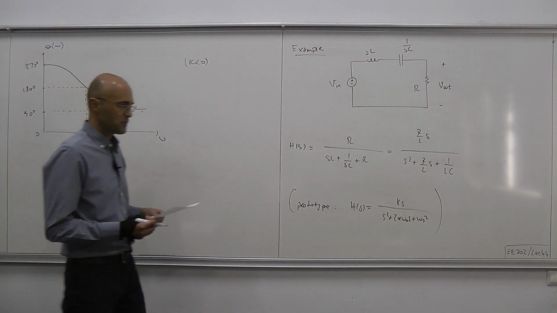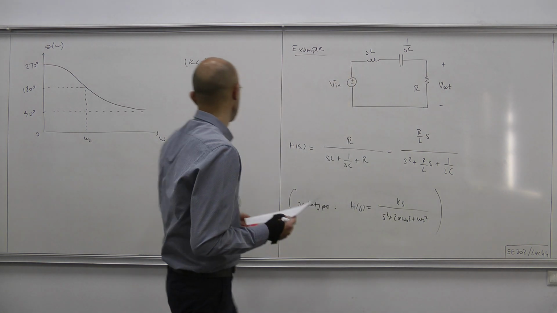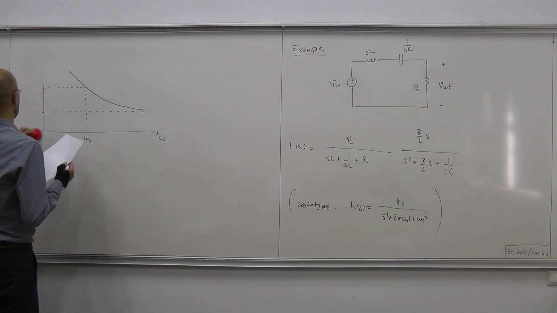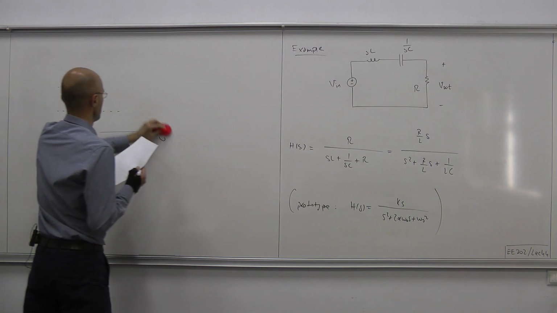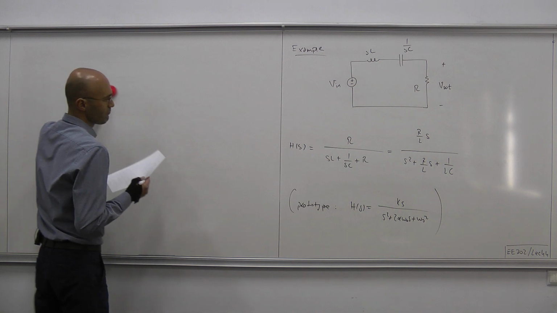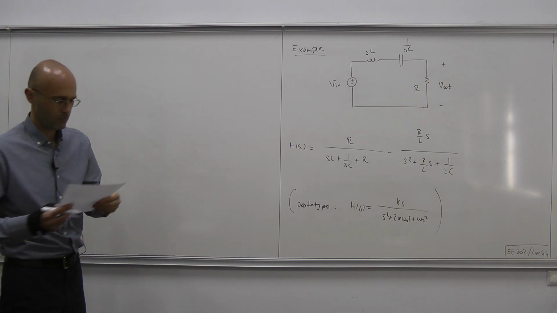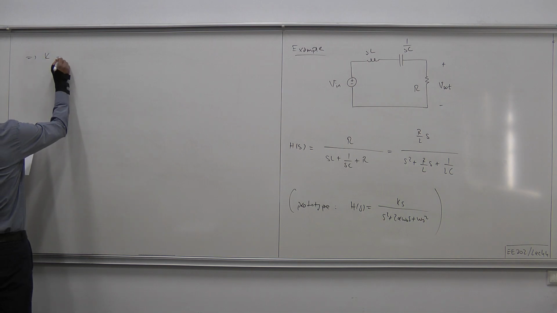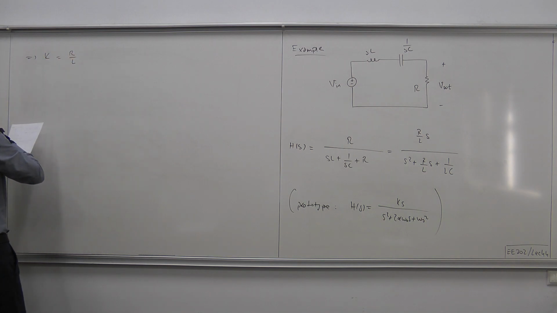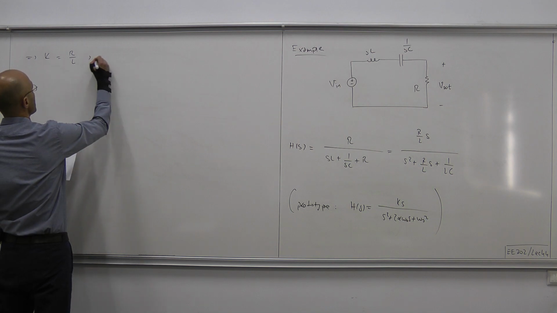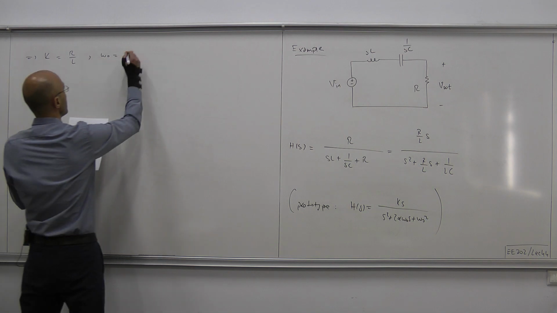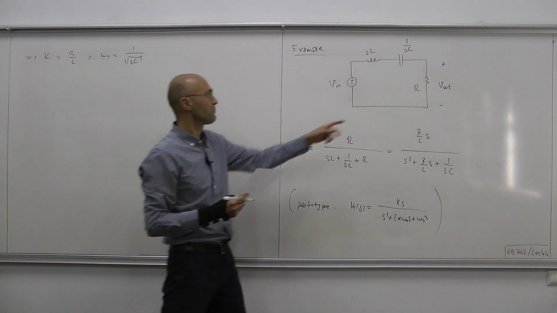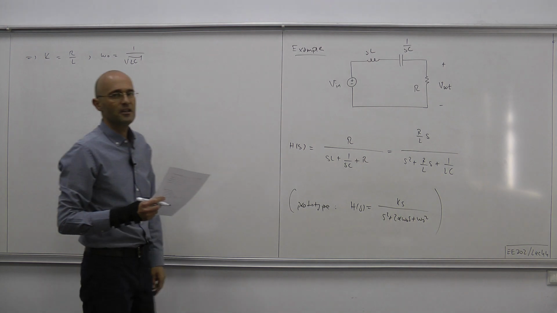So let's express those parameters in terms of our circuit parameters. Our circuit produces the following coefficients. K is R over L, and the center frequency equals 1 over square root of LC, which, observe, is independent of the resistance value.